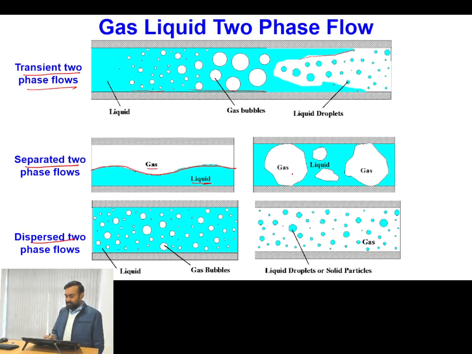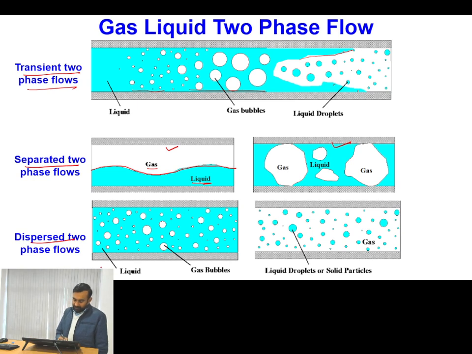Then another association, where I have chunks of air distributed in the liquid, but the sizes of these chunks are big, so that we can clearly separate the liquid and the gaseous phase. So wherever in your systems you find this type of behavior, where one phase is clearly separated from the other phase, we can put them under the category of separated two-phase flow.